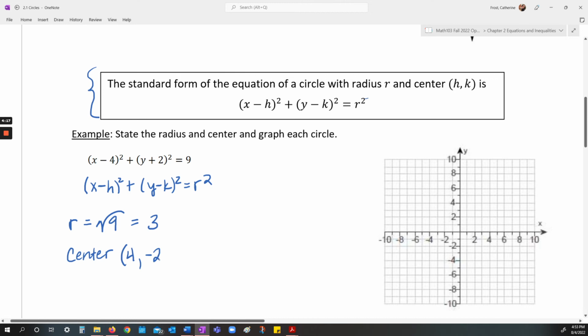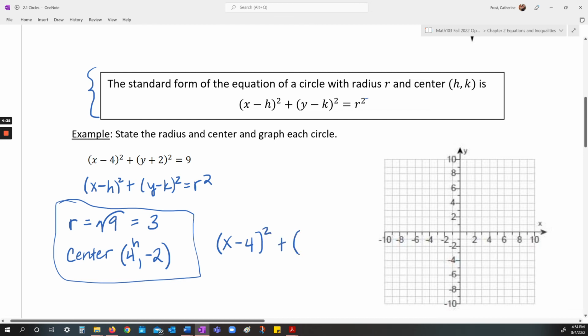And so let's play with that a little bit just to make sure it makes sense. And then we'll look at the graph. So if I put this back into my standard form, I would do x minus h is 4 squared. Okay, great. That looks the same as what we were given. And then plus, okay, y minus negative 2 squared.